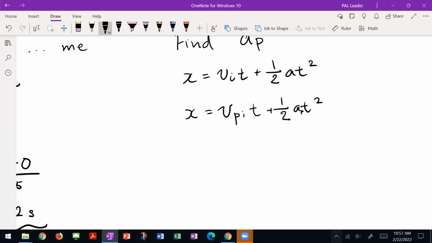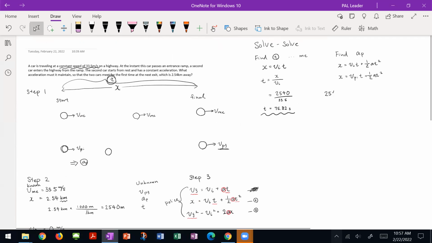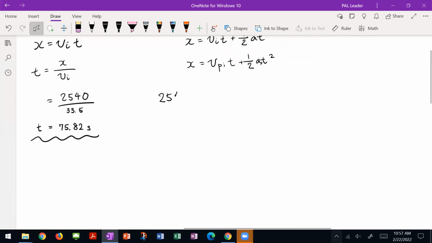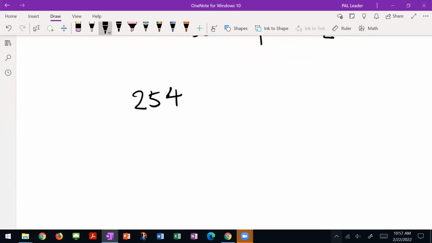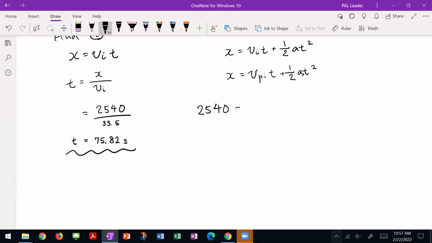The overall distance we traveled was 2,540. And the initial velocity of the police was 0, right?